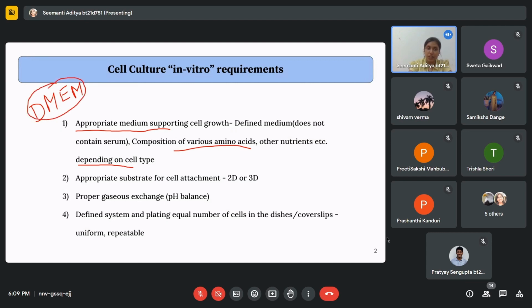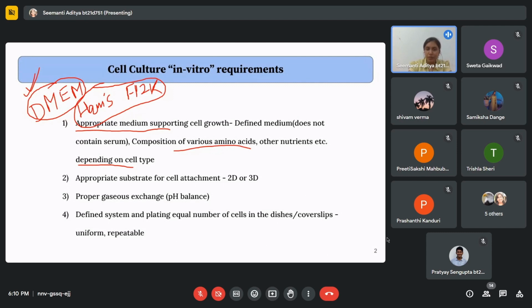So at that time there are also media like Ham's F12K. Here in F12K, K means lysine, so it has a greater concentration of lysine, which is a positively charged amino acid. So depending upon the requirements of the cell, different kinds of medium can be used, but the most commonly used is DMEM. DMEM goes with mostly all kinds of cells, and it is a very optimized composition.